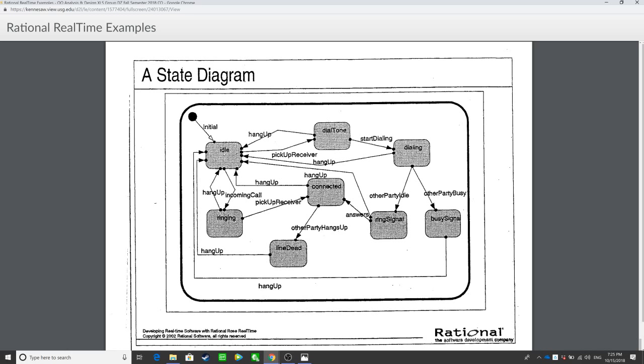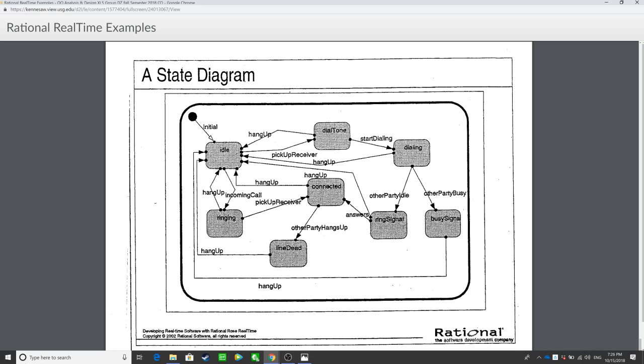When it's in the idle state, for example, and something happens, which is somebody picks up the receiver. This is an event. Pick up the receiver, and then it changes from idle to dial tone. You pick up a phone, it does this kind of thing.